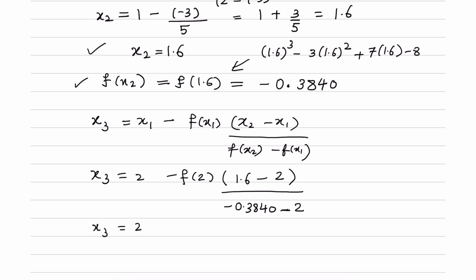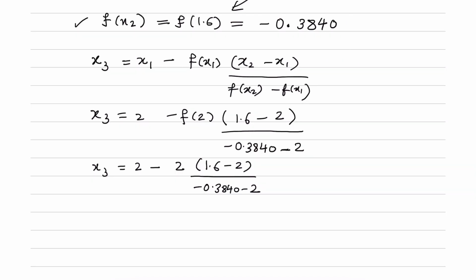x3 is 2 minus f of 2, which is 2, times 1.6 minus 2, whole divided by minus 0.3840 minus 2. We use a calculator to solve this, and we will have x3 as 1.6644.